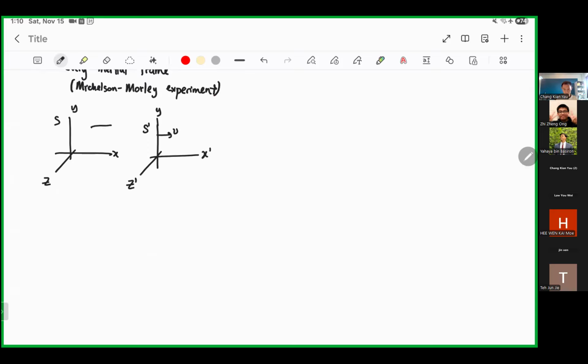If the transformation isn't linear, then let's say I have a pencil here that is straight from the S frame's point of view. For the S prime frame, the pencil would look curved, which doesn't really make sense. So we will assume that the transformation is linear.